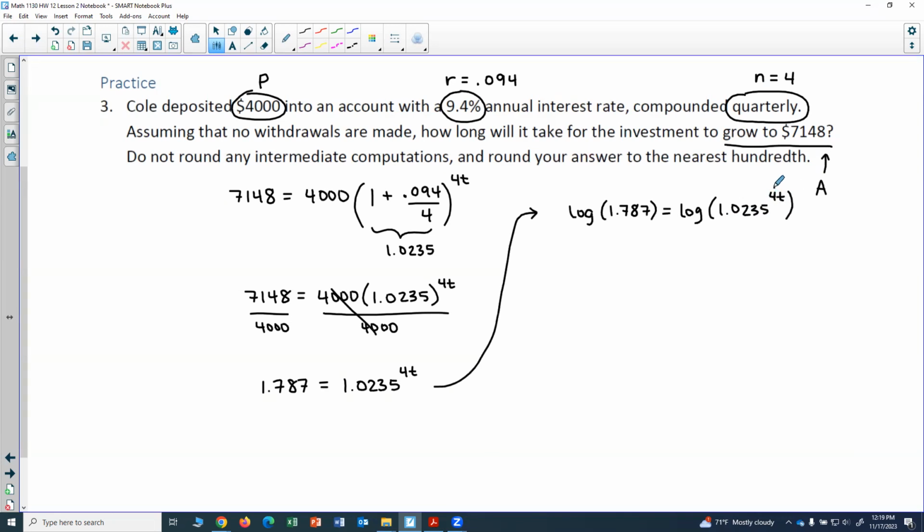And I'll use my power property of logs to rewrite this as log of 1.787 equals 4t log of 1.0235. Now at this point, I just want to get t by itself, so I'll divide both sides by 4 log of 1.0235.